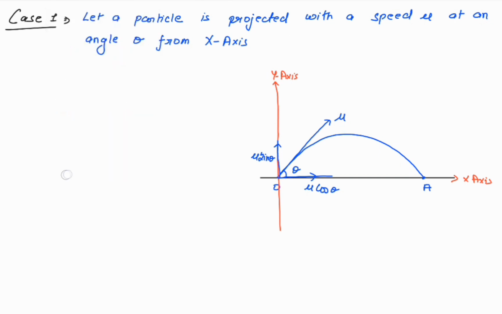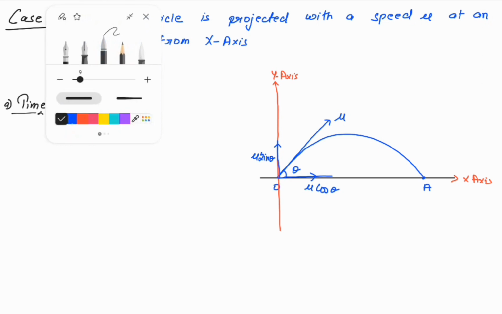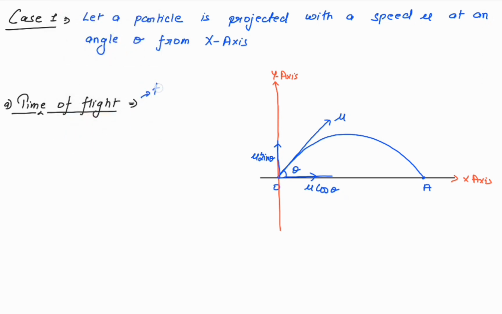Write down the first parameter that we are going to find: time of flight. Time of flight means for how much time the ball was in the air, whatever projectile, particle or ball you are considering.